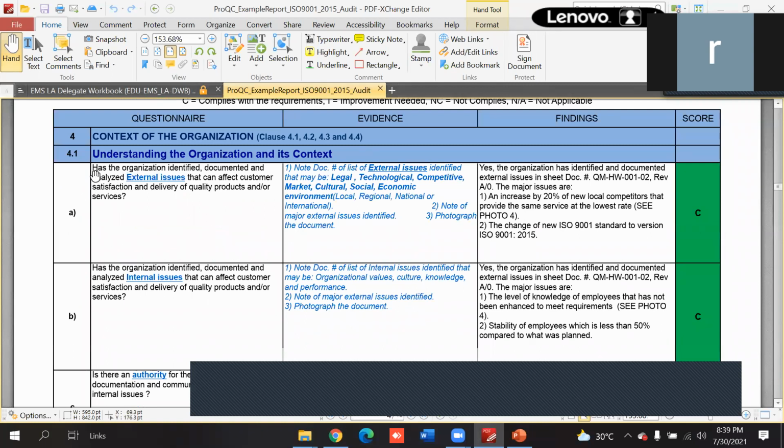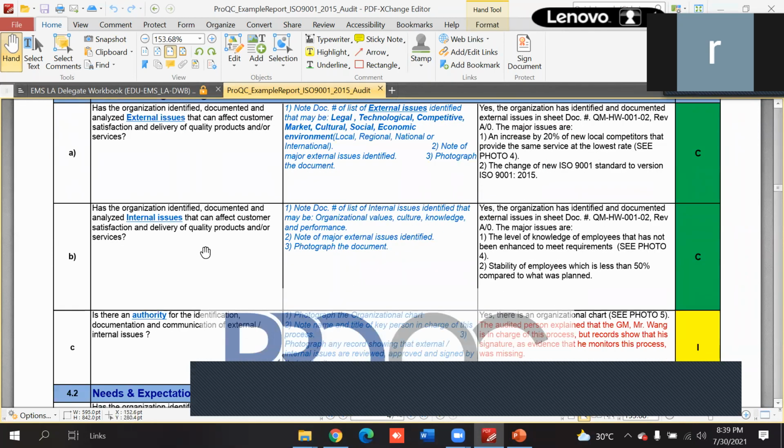So let's say under this 4.1, there was a document where they capture the findings. They identify the new local competitors, this and that. The score is compliance. Yes, these clauses are compliance.